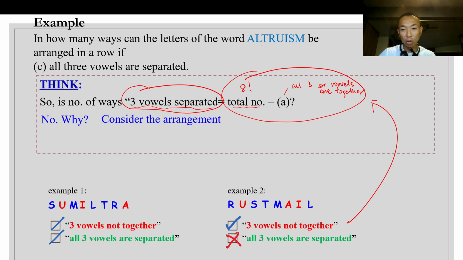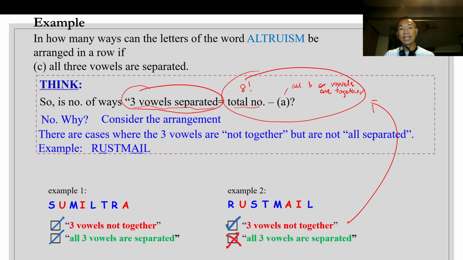It means it's not 2 plus 1. So therefore, there are cases that the 3 are not together, but not all are separated. So if you take a look here, this A and the I are together. So if you just do this case, the right hand side, you will just find the number of ways where not all 3 are together. So this is not the way to do it.